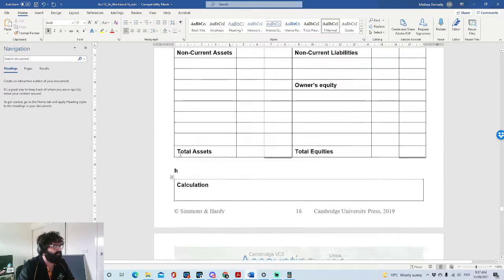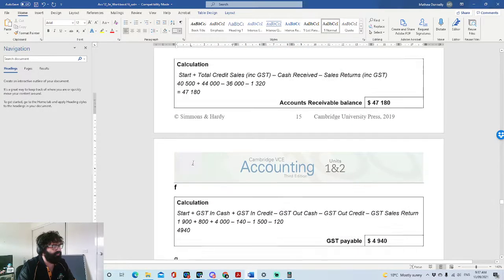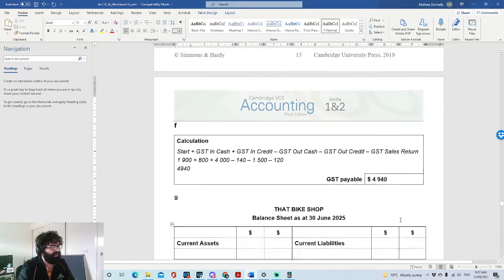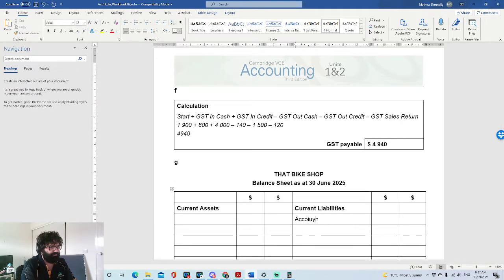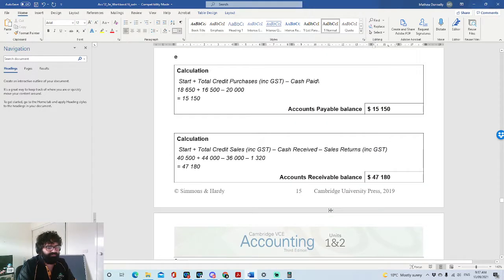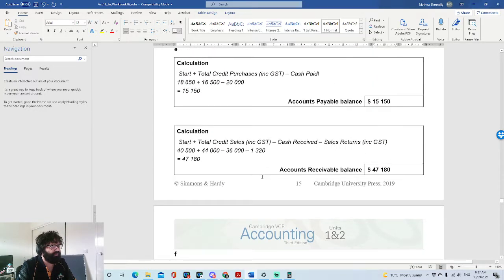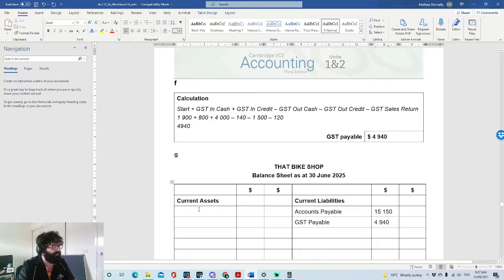Alright, let's do a balance sheet. So what we're going to do is plug in the three numbers above. Accounts payable 15,150, the GST payable 4,940, and accounts receivable 47,180.